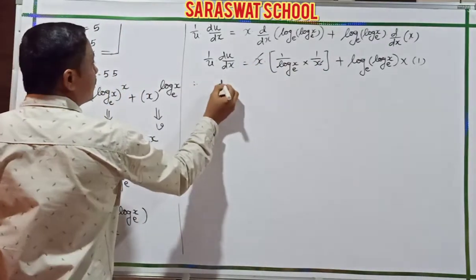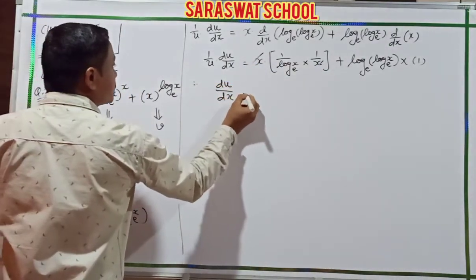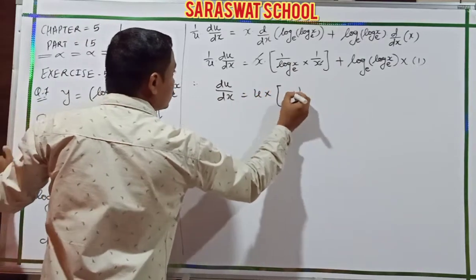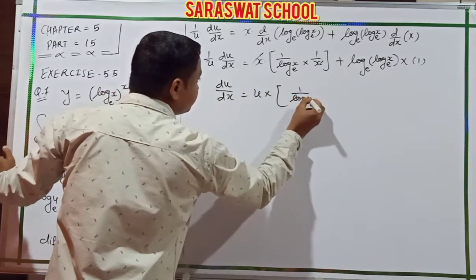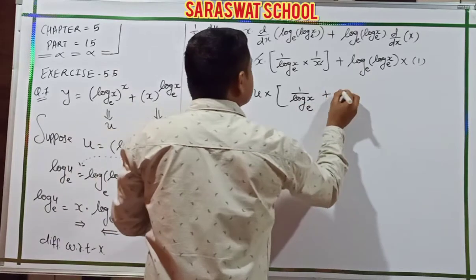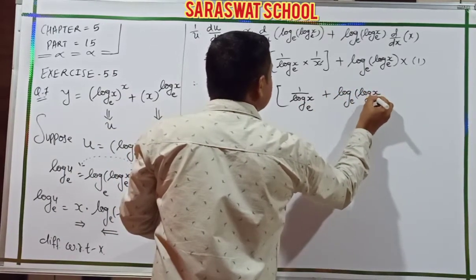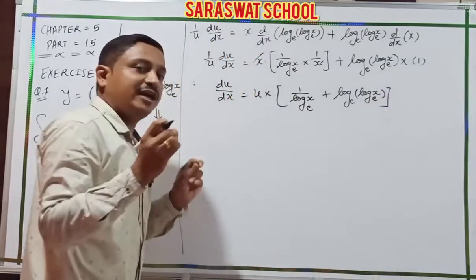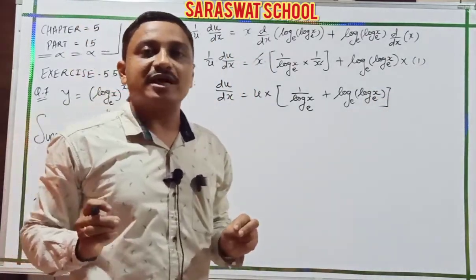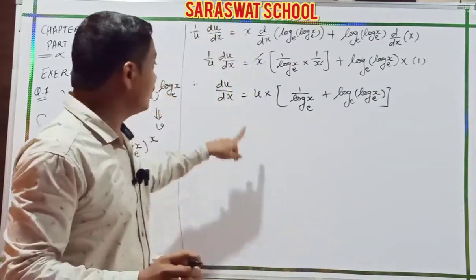So finally done. du by dx equals u into 1 upon log x base e plus log of log x base e. Finally done students. Now I put the value of u.